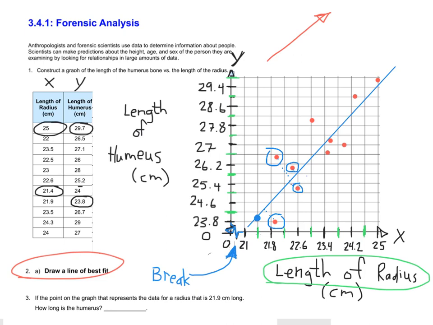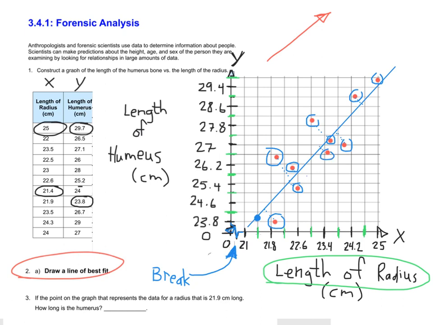So again, those two kind of cancel each other out. Then I take a look at this point here. It's almost touching that line, and so is this one. So those kind of cancel each other out. Then I look at this one. This one's pretty far from the line, probably equal distance or very close to equal distance as that one. This one kind of cancels out with that one.